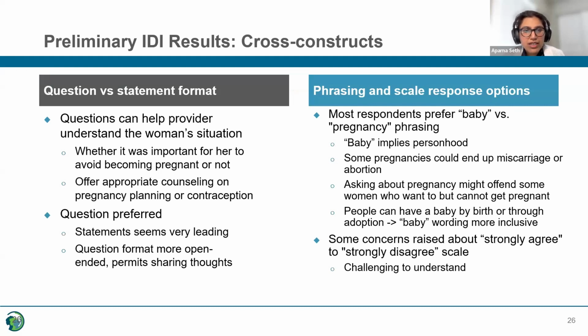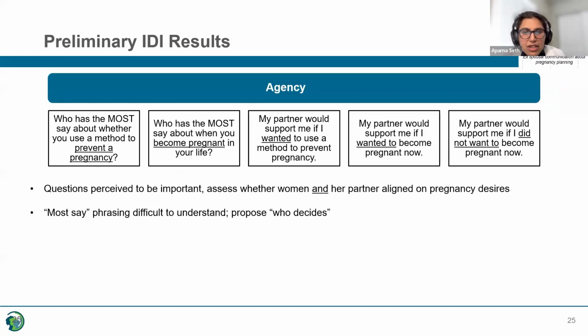There was some other feedback around the question versus statement format, given we had scale items that were worded as questions as well as statements. We have some examples here: the first two examples are questions, and the next three are statements.